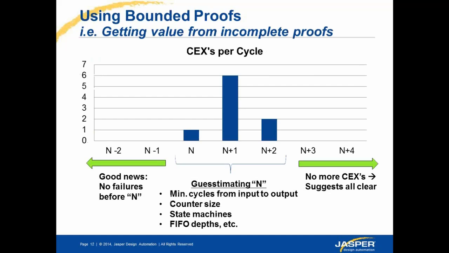So can you get value, as of today, can you get value out of bounded proofs? Well, most experienced formal verification engineers do something like this. They calculate the flop boundaries from the input to the output, or they factor in counter sizes, or FIFO depths, or the different FSM states in your design, and they estimate a number n, or a period window where they anticipate the maximum number of counterexamples.